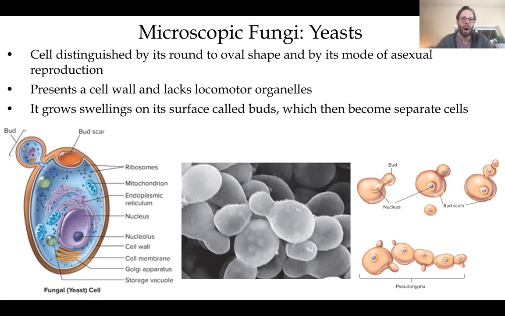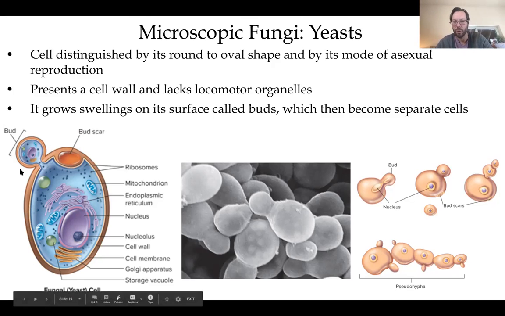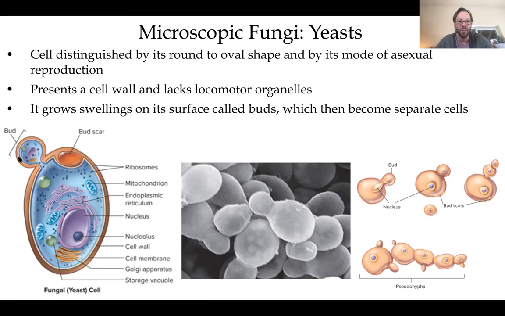And it will bud off from that initial mother cell into a daughter cell. And it will have all of the components that it needs to then grow and form its own unique yeast cell. And it does that by budding at the site of the nucleus.